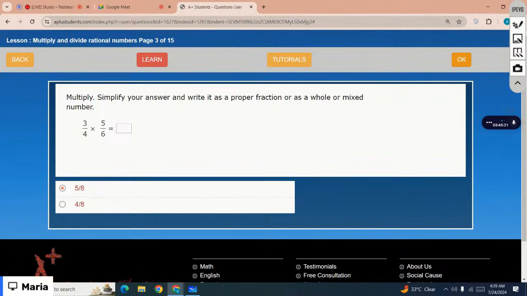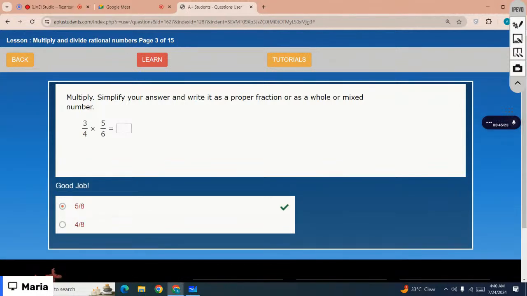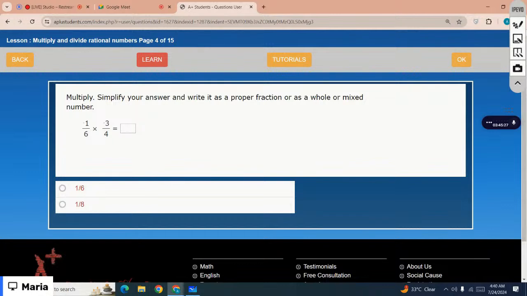Option number 1 is the correct option. Negative 1 over 6 times negative 3 over 4, which is the correct option?